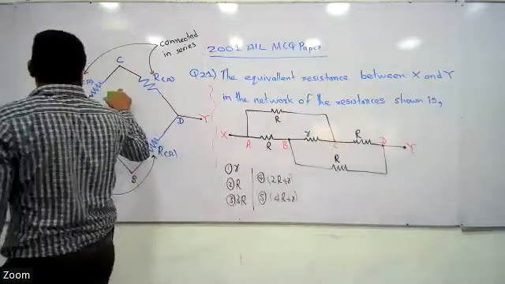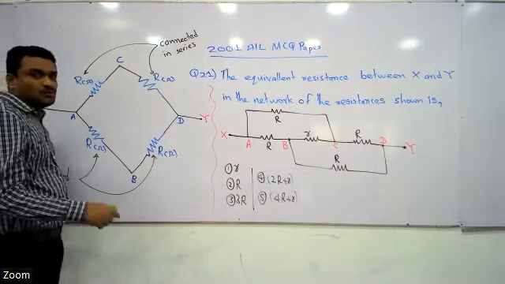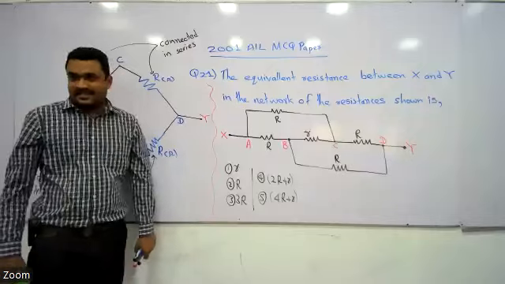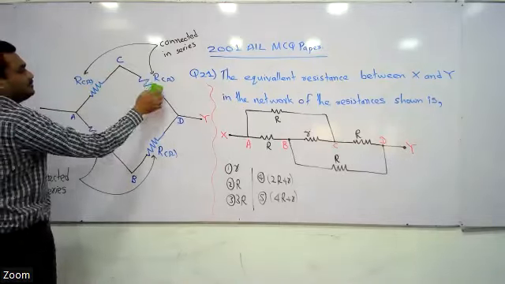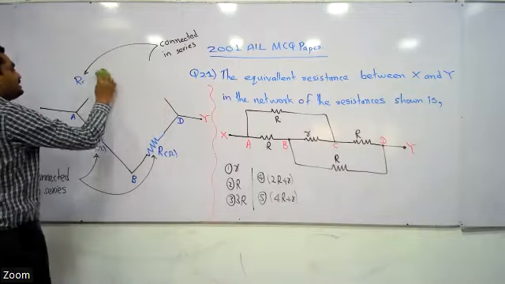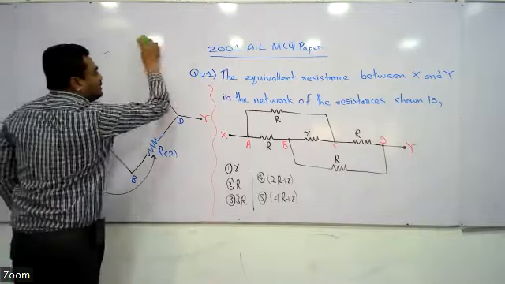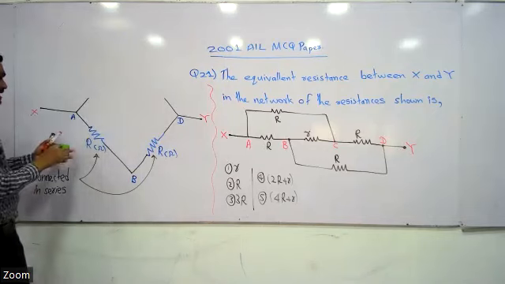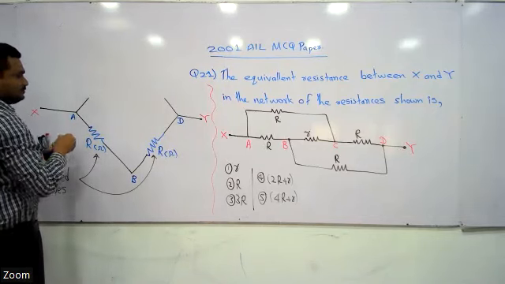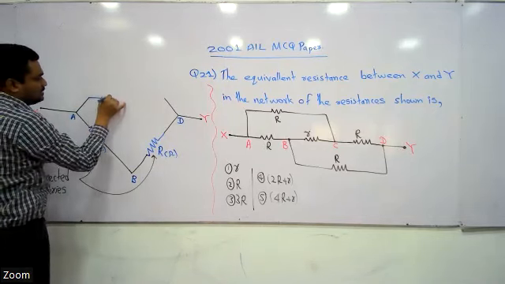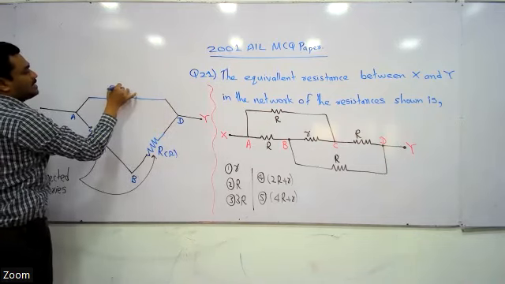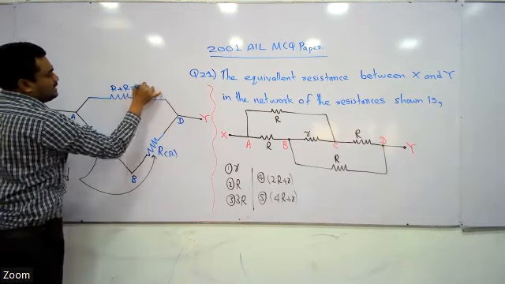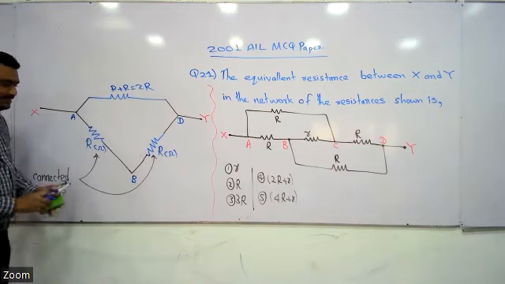If two or more resistors are connected in series, the equivalent resistance is the summation. So just add it. I can write a single resistor in between A and D, right? This equivalent resistance is R plus R, so that is 2R.